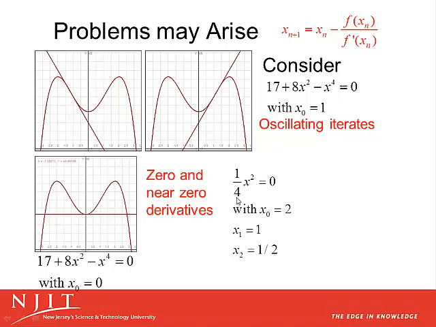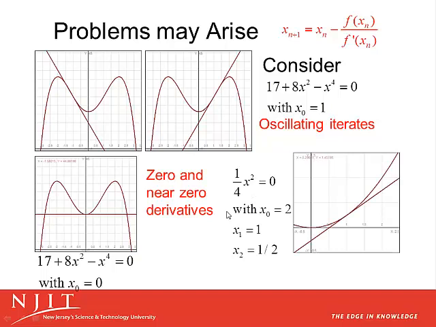Another example is where you have 1/4 x squared equals 0. Clearly x equals 0 is the solution, and the derivative at the root is 0. The derivative of 1/4 x squared is 1/2 x, and at x equals 0, the slope is 0.